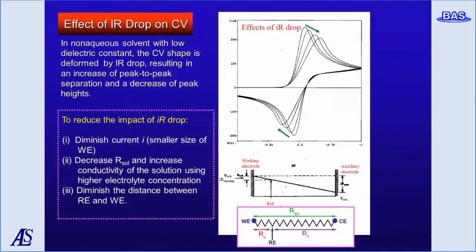The shape of the cyclic voltammogram is affected by the solution resistance in the three-electrode system. When current flows between the working electrode and the counter electrode, potential drops occur. A recent potentiostat is equipped with an operational amplifier with a positive feedback loop to compensate for the solution resistance, even though uncompensated resistance Ru remains between the working and reference electrodes.